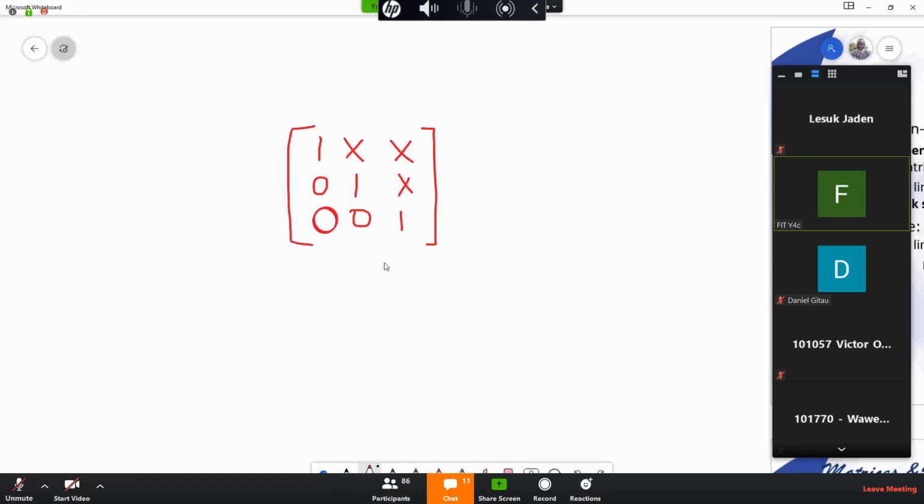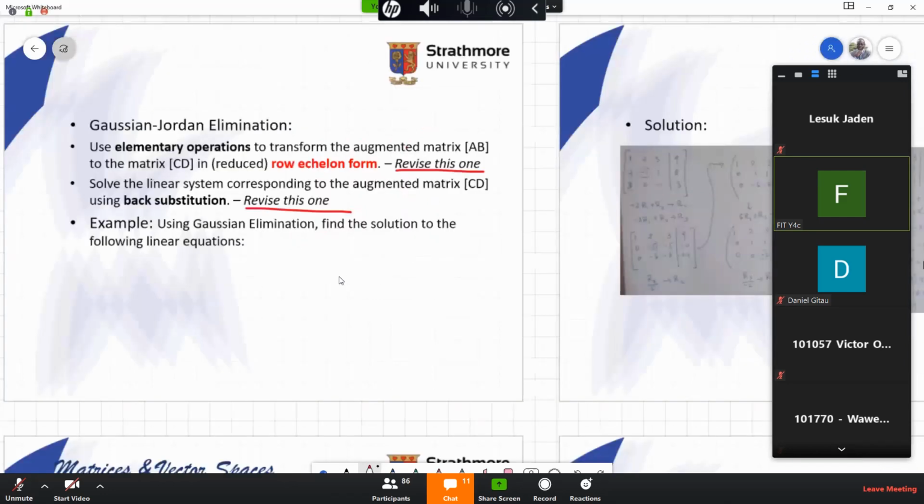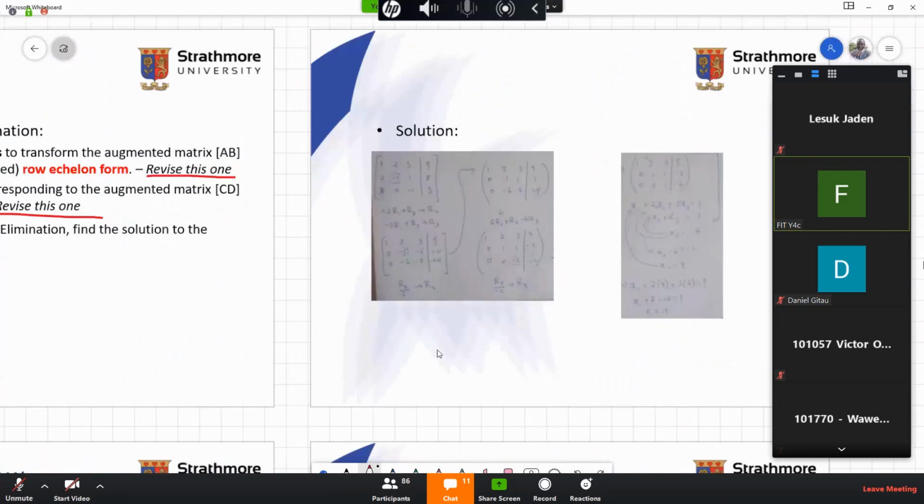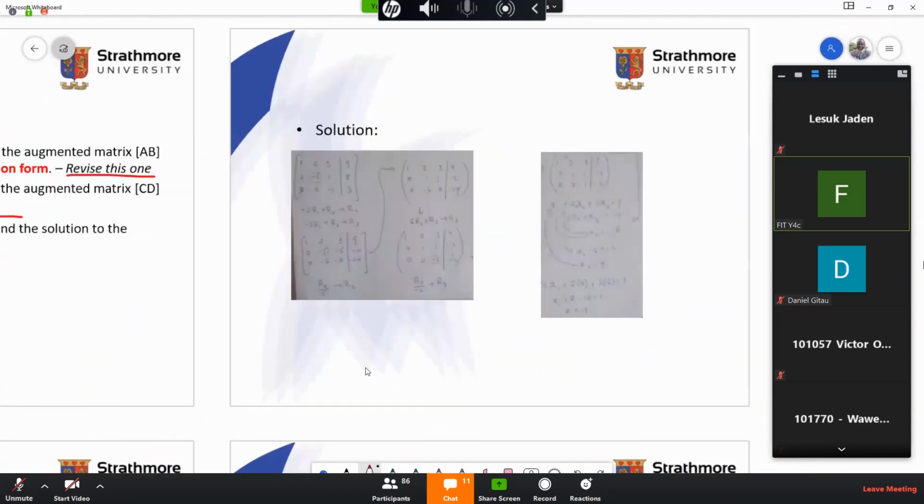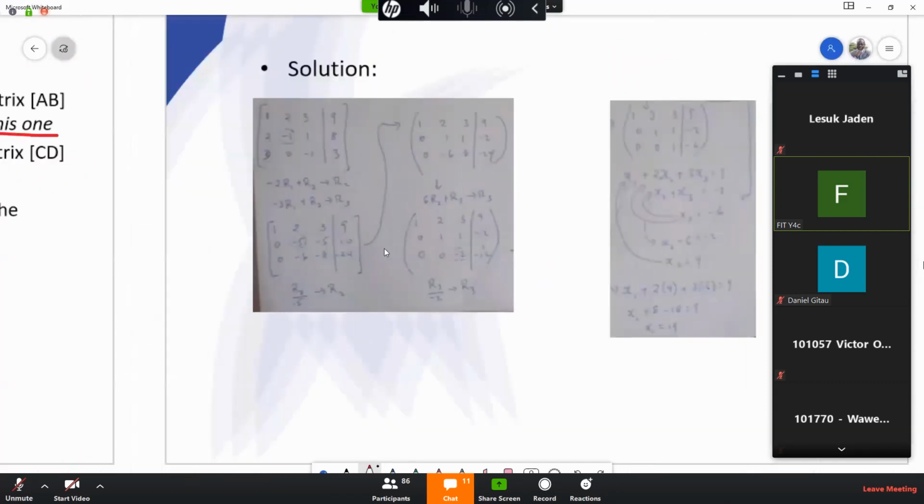Then we can actually use this matrix to solve a lot of things. So how do you force a matrix to look like this? You use a series of what is called elementary operations. Like, for example, you transform the rows into new rows. For example, you can see here, though it is a bit tiny, so refer to your notes.